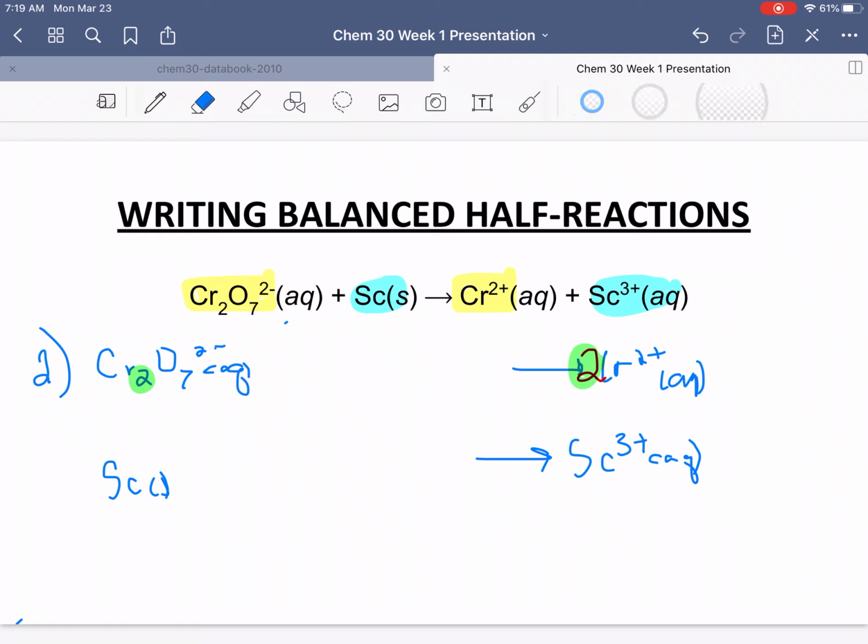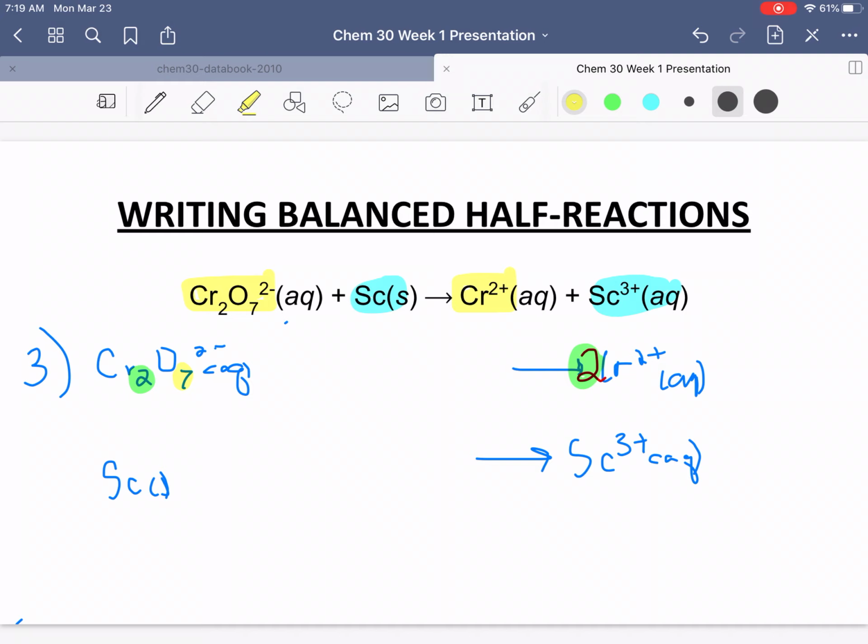Moving on to step number 3. Step 3 is balancing out the oxygen atoms. And we have to look at both of our half reactions when we do this. So glancing through, you can see that we have a total of 7 oxygen atoms going in on the left side here. We need to get oxygens being produced as well.